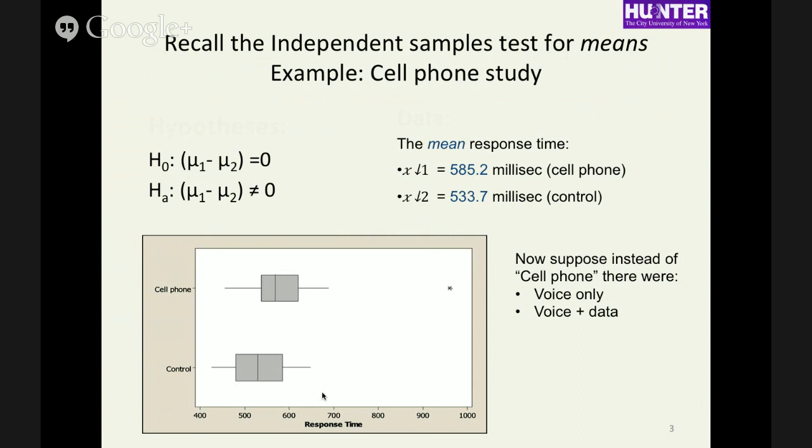There's the mean response time for people with no cell phone, the mean response time for people who have an old-fashioned cell phone that only gets voice, and another group that gets voice and text messages and Facebook updates and whatever else on their cell phone. So there are three different groups, and this is where we will bring in analysis of variance.